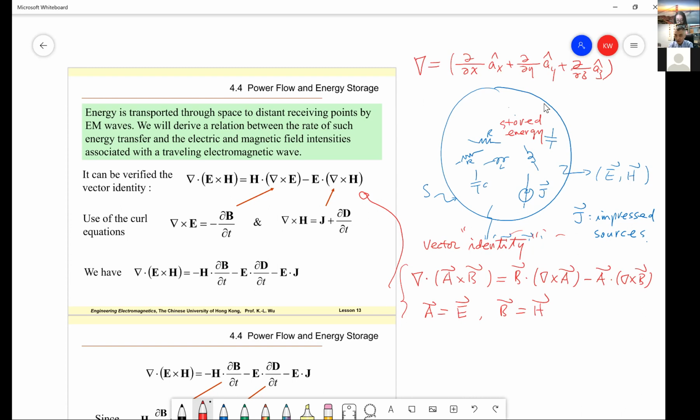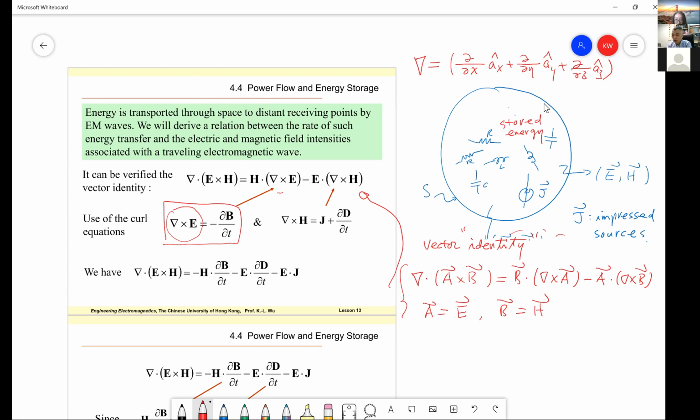So what is the life? We know the curl of the electric field is related to the magnetic field B through what law? Faraday's law. Through this Faraday's law, we substitute it into the first term.